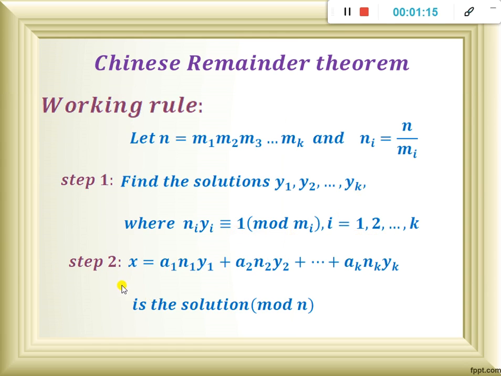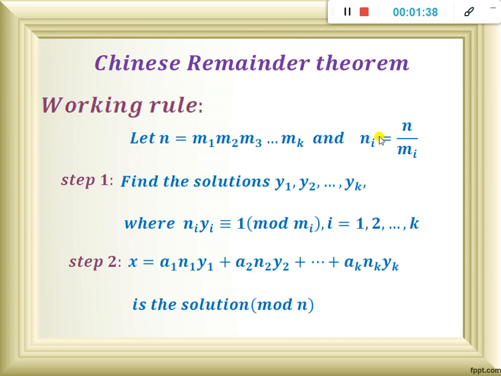Step 2: the general solution mod n for finding the x value is x equal to a1 n1 y1 plus a2 n2 y2 and so on up to ak nk yk. Here a1, a2, ak are nothing but the remainders of the given problem. So we need n1 y1, n2 y2.